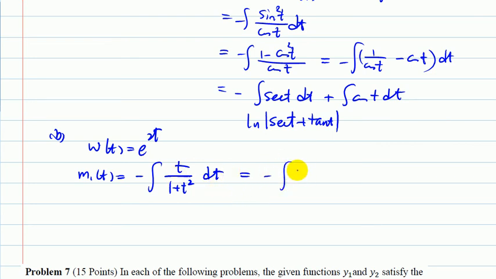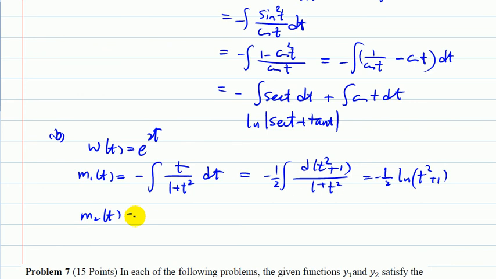The top one becomes t squared minus 1 plus 1, and use a 1/2 here, which is 1/2 ln of t squared plus 1. You don't need an absolute value sign here because t squared plus 1 is already positive. Now M2 of t turns out to be this.